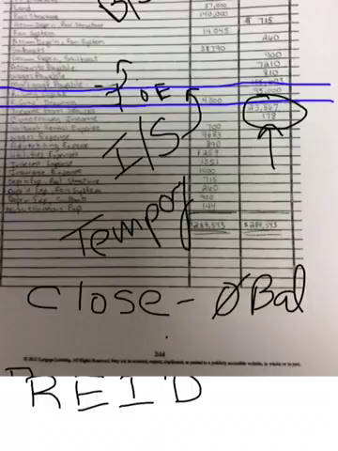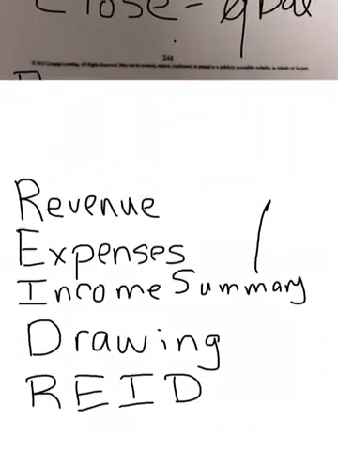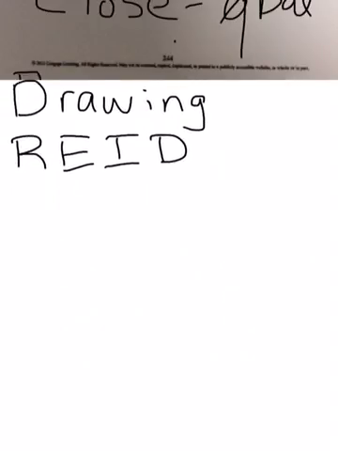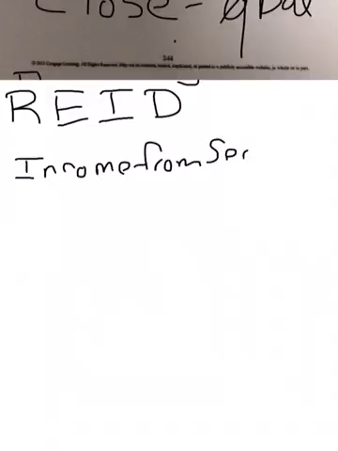And so our journal entry would look like this. We would have income from services, and our other account would be the concession income.